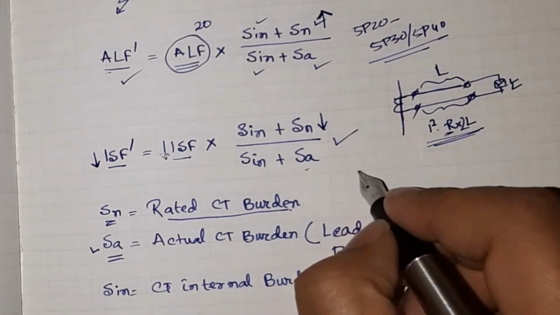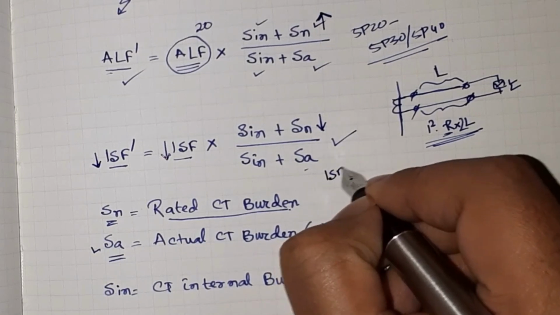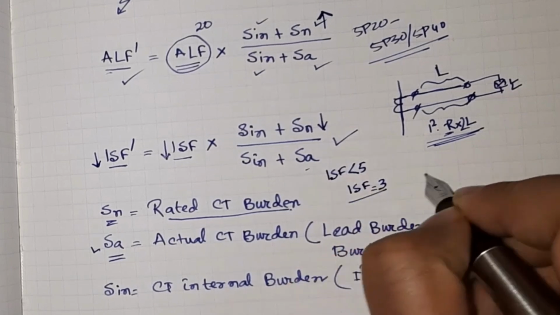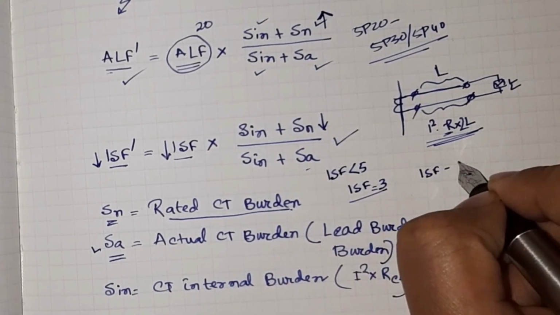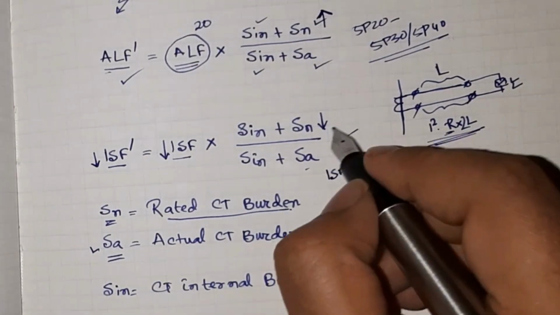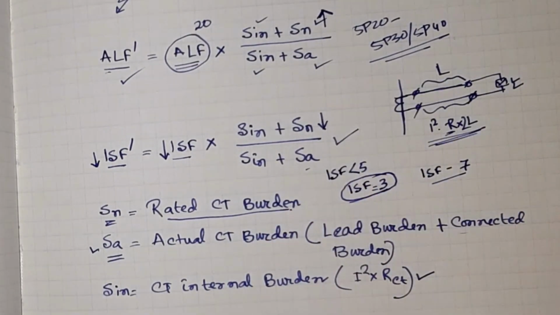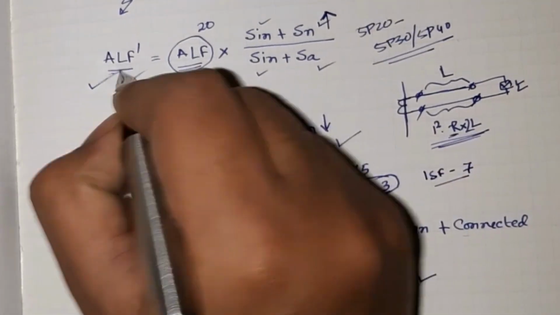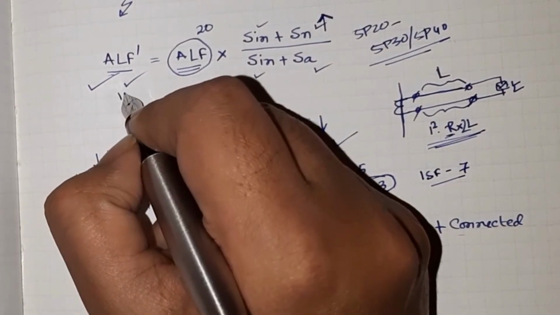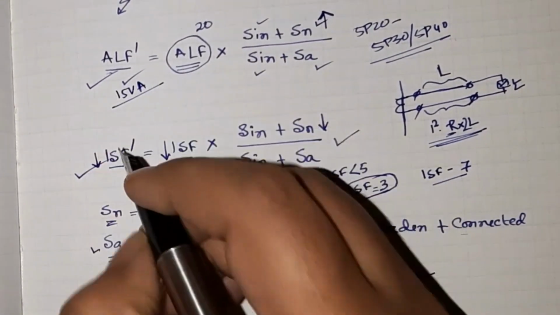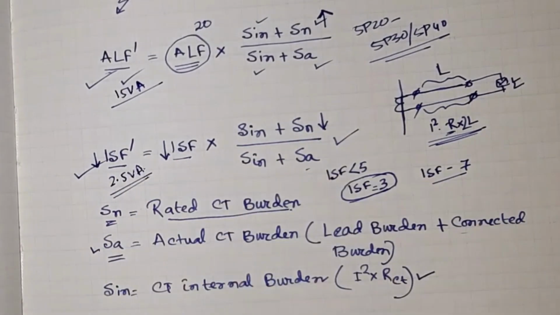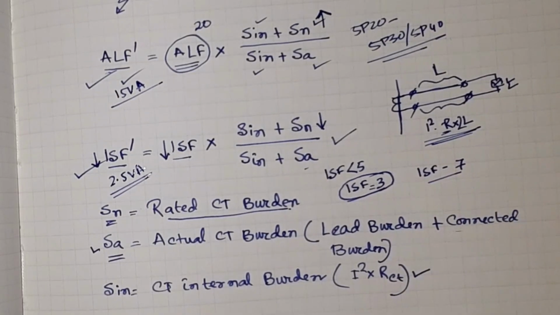So if I get an ISF less than 5, suppose I get an ISF of 3 for one kind of CT, and for another kind of CT an ISF of say 7, the first CT will be safer to use. So we have to consider VA rating as high as possible for protection class CT and as low as possible for metering class CT. Generally for protection class CT, the VA considered is 15 VA, and for metering class CT, the VA considered is 2.5 VA. These are the general ratings considered.